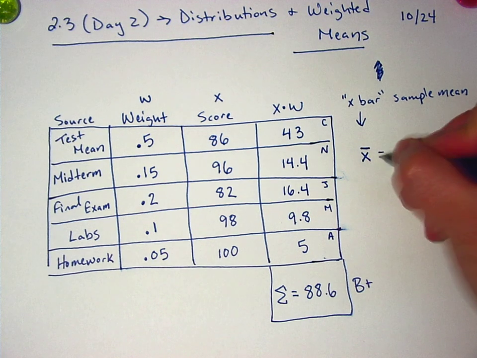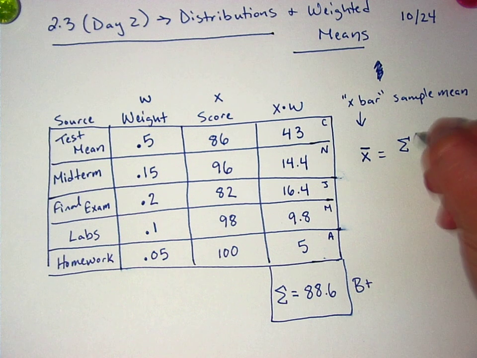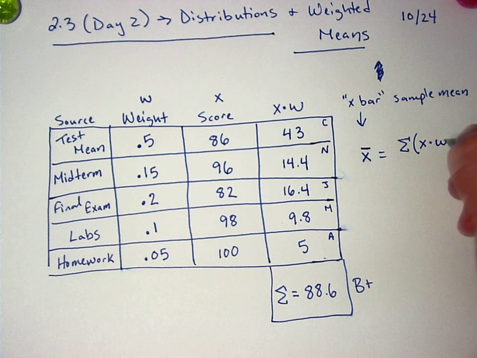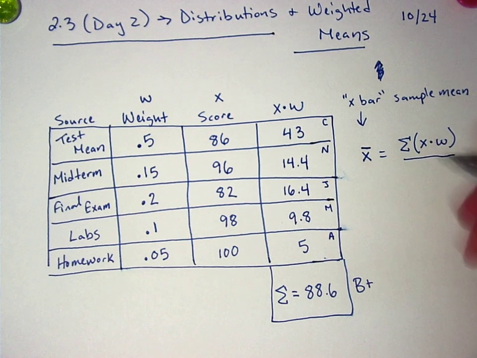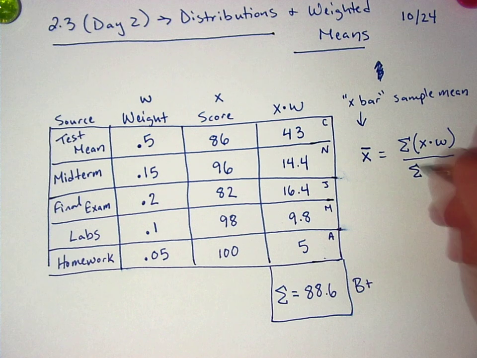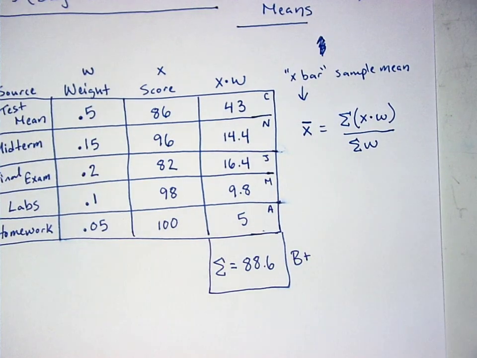So the formula for this is the summation of all of your x times w's, and then you divide by the summation of the w's. Now, we didn't divide by any summation of the w's. Can you guess why?